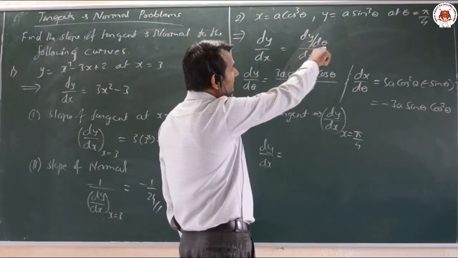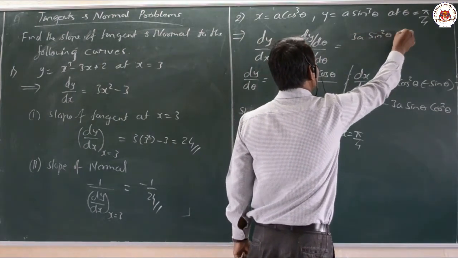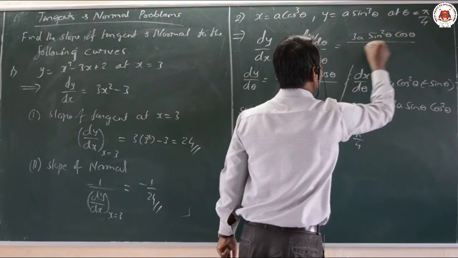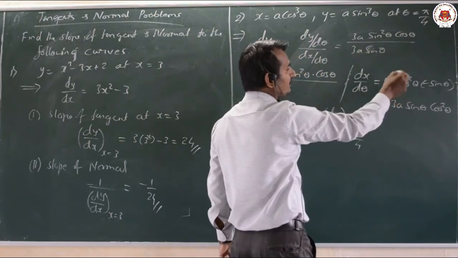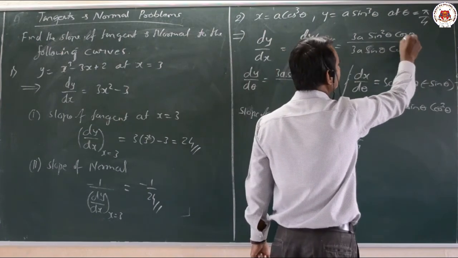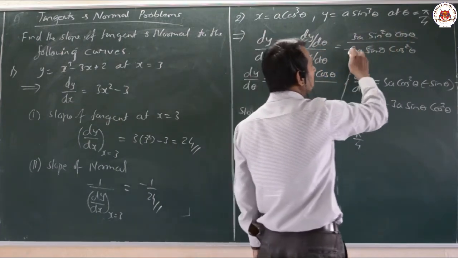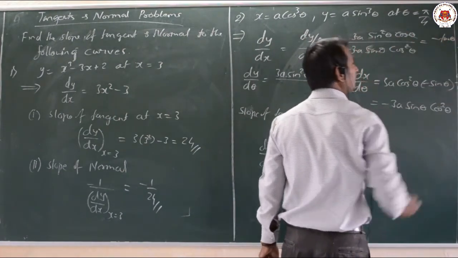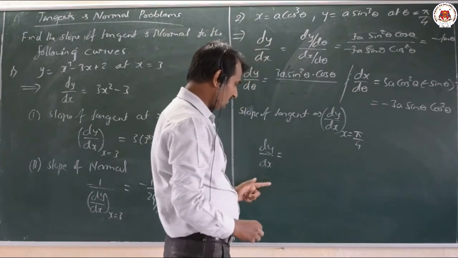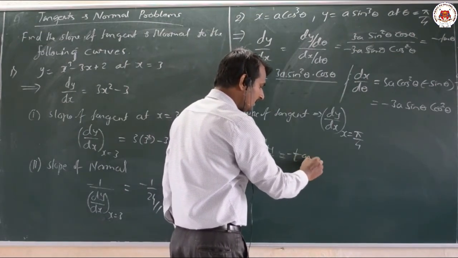Dy by d theta, that is 3a sin square theta cos theta divided by minus 3a sin theta into cos square theta. Cos square, sin square, 3a cancel. So what is the remaining part here? Minus sin by cos, that is minus tan theta. Dy by dx is equal to minus tan theta.